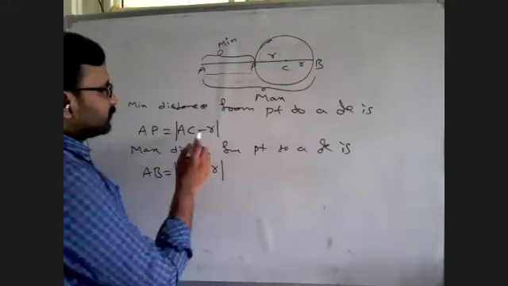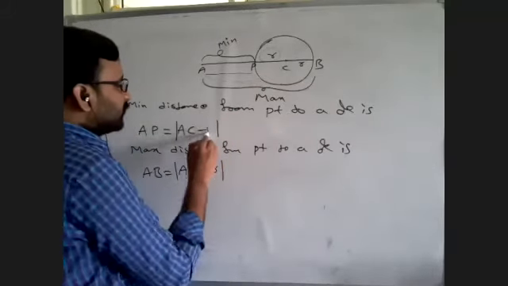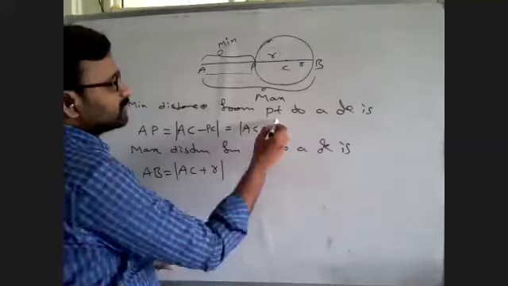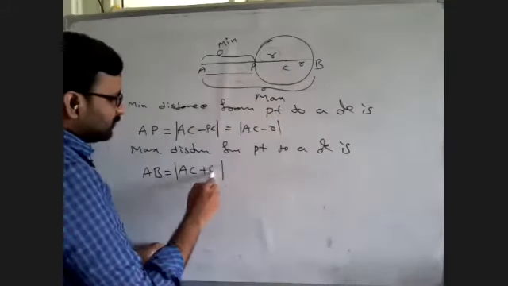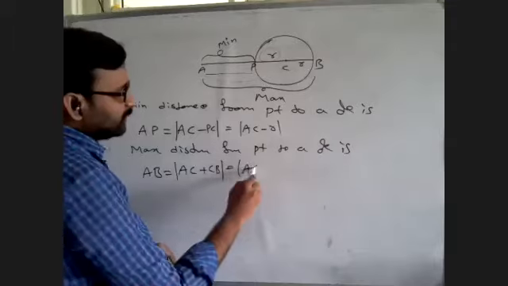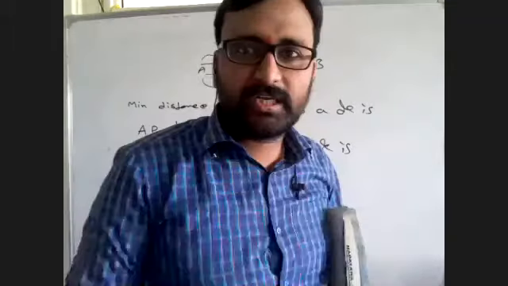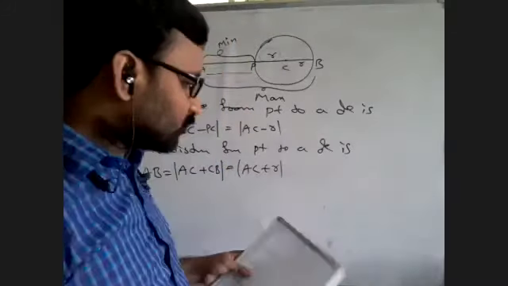How do we write it? AC minus PC, but PC is the radius, so AC minus radius. And for the other, AC plus CB, and CB is nothing but the radius, so AC plus radius. So these are the two formulas for the minimum and maximum distance from a point to the circle.